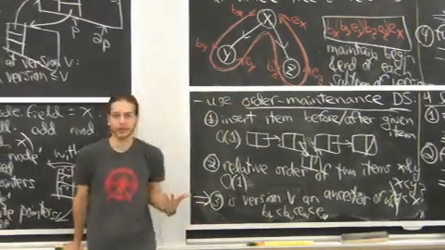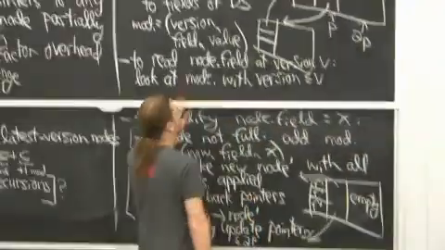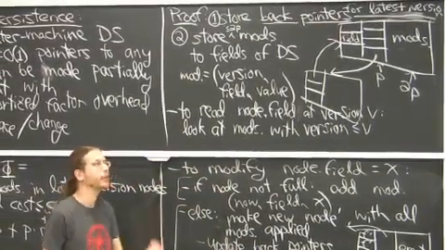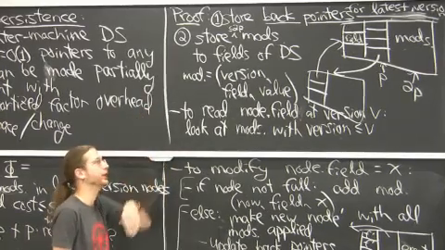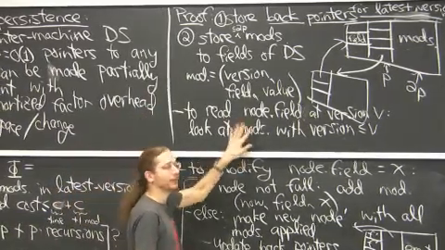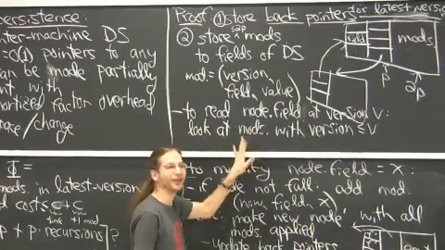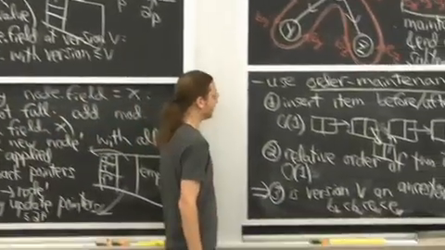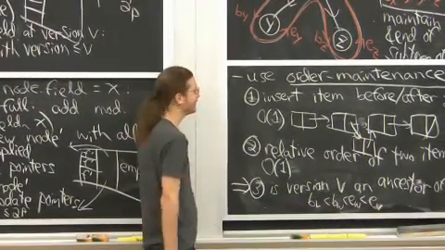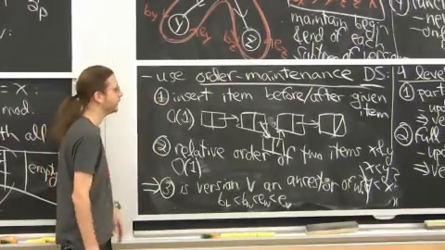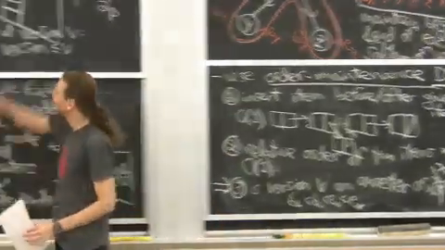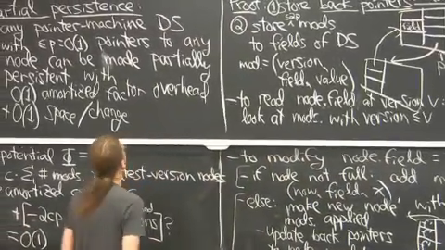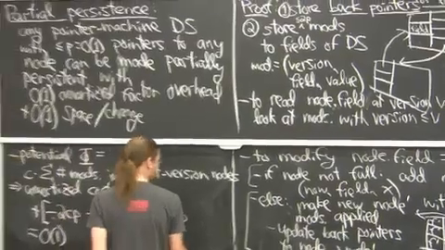If so, the mod applies, and I update what the field is. I can do all pairwise ancestor checks and figure out what is the most recent version in my ancestor history that modified a given field. That lets me read a field in constant time. Constants are getting kind of big at this point, but it can be done. Clear? A little bit of a black box here, but now we've gotten as far as reading. And we don't need to change much else. So this is good news.